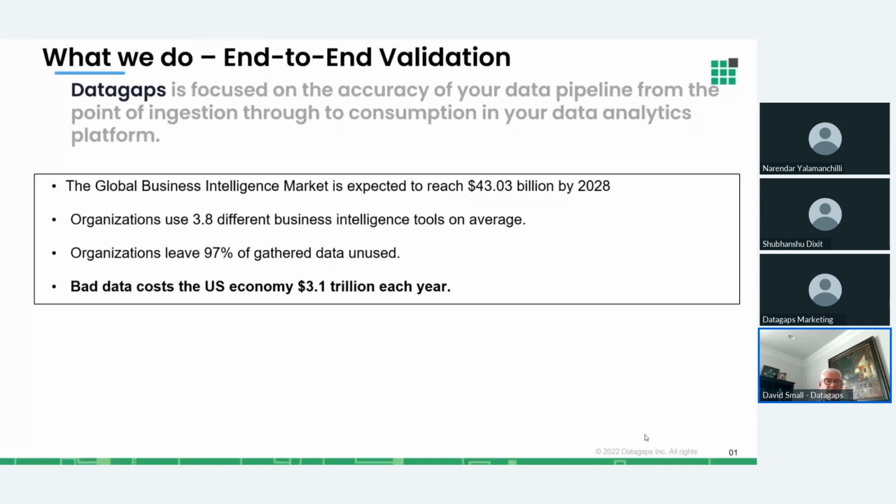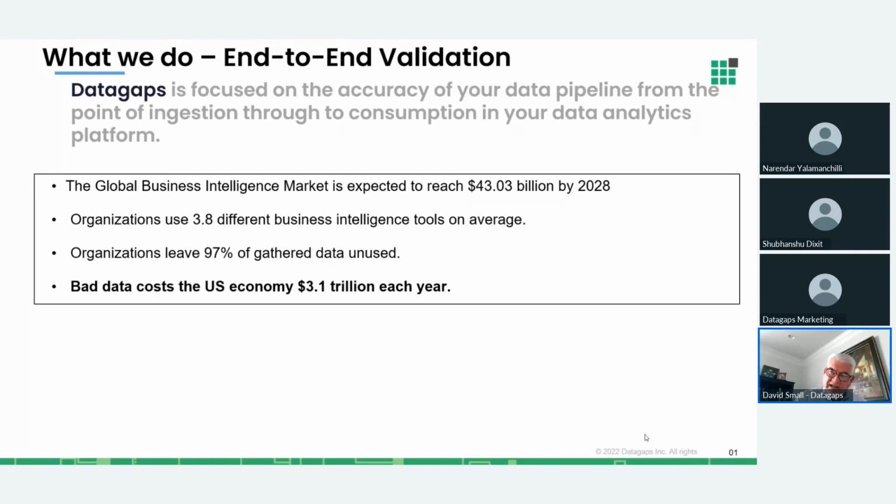So why do we focus on that? Well, first of all, the business intelligence marketplace really is a substantial and growing market for organizations. But the reason we're focused on this is that bad data costs the U.S. economy about $3.1 trillion a year.